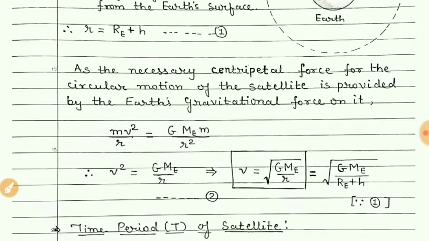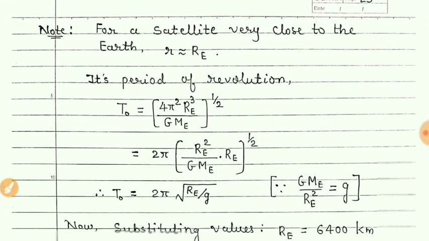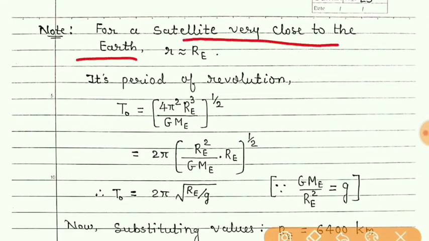So here we have considered that the satellite is very close to the earth, so we can take the distance equal to Re. So in that case, what is the period of revolution of that satellite? Let us denote that period of revolution of satellite as T naught.